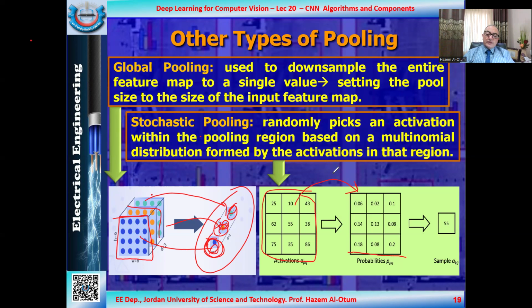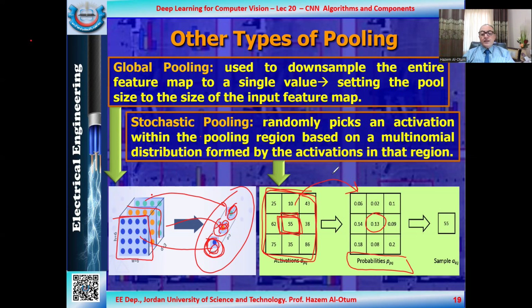Now, according to a specific rule, we may select a specific value of probability. For example, in this case we have selected the value of 0.13 to get the value that we are concerned with in this 3 by 3 window.